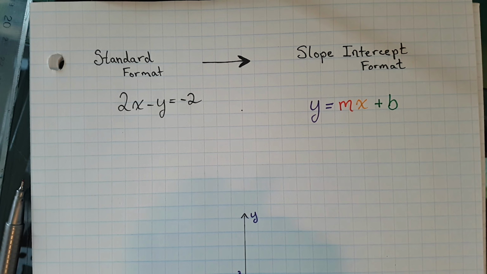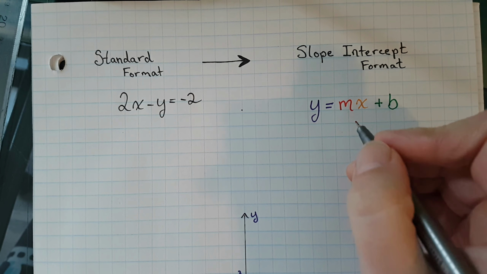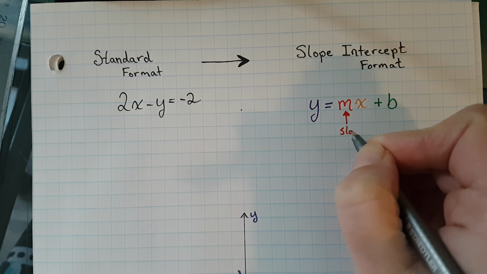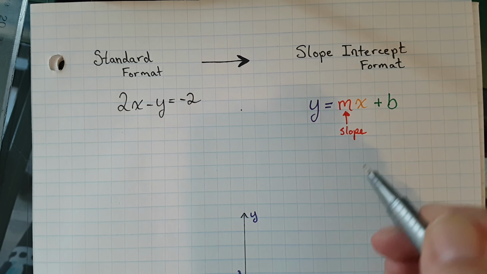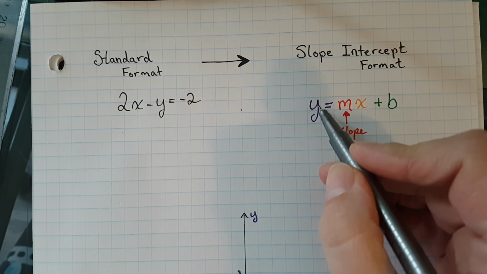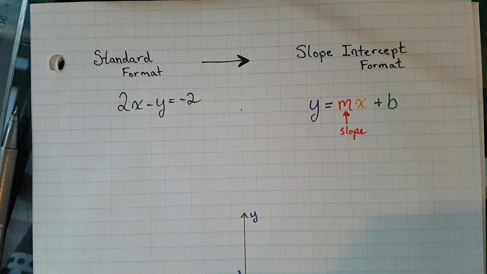This m here is always going to represent the slope of the line. This x is all x's, this y is all y's, and this b is your y-intercept.